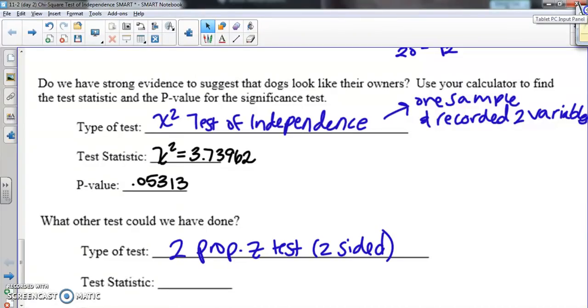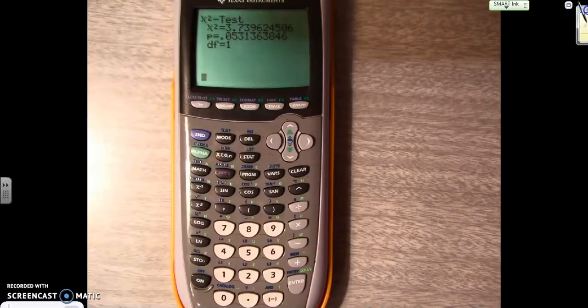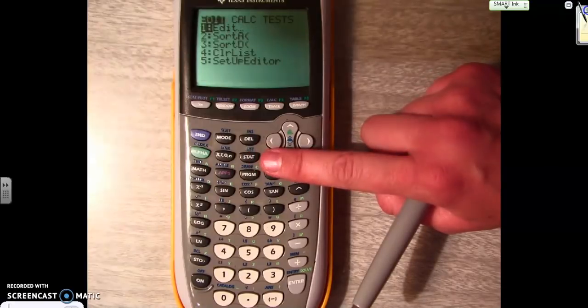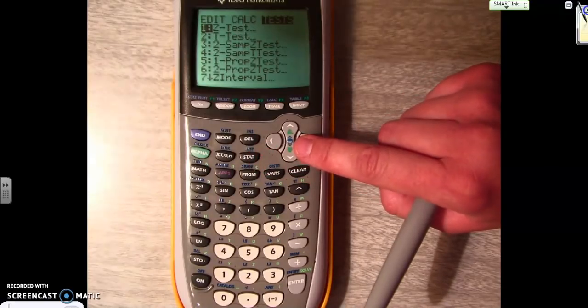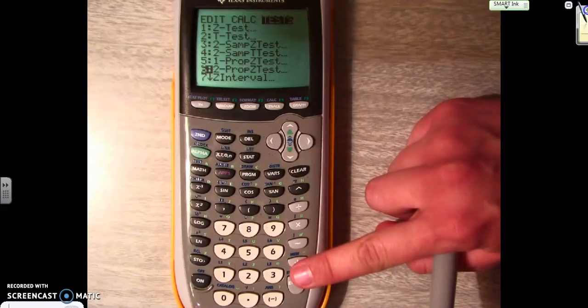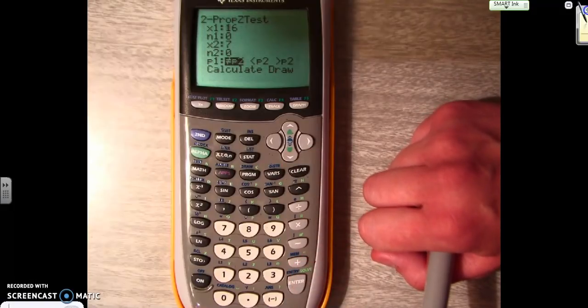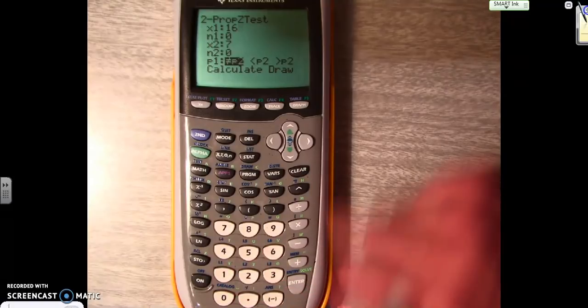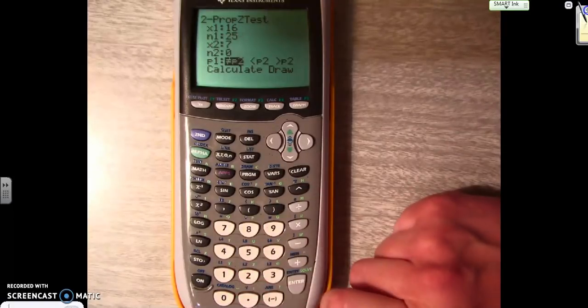Okay, in case you forgot, again, I'm hoping that you're trying this on your own first. I'm going to go back to my calculator and run another test. So I'm going to hit Stat, scroll over to Test, but this time I'm going to do the 2 proportion z test, like I just mentioned. So what I have here is 16 that resemble their owner out of 25 total.